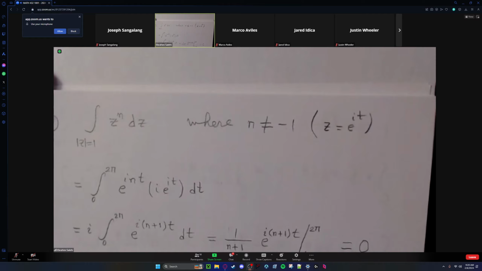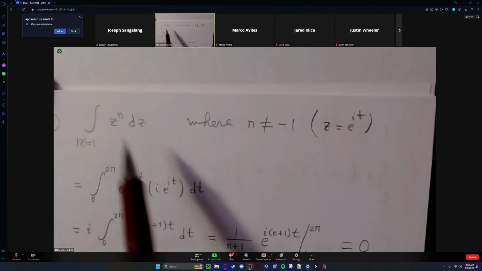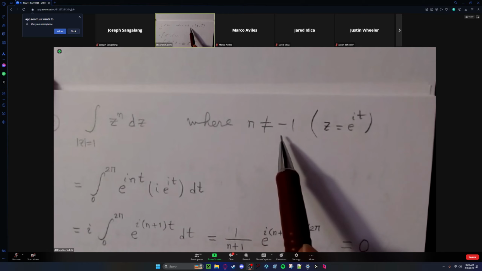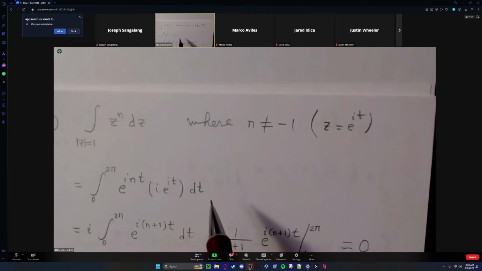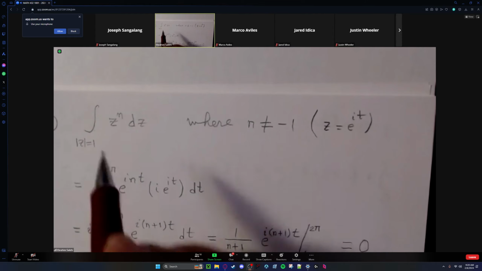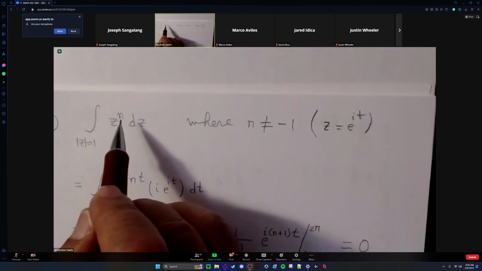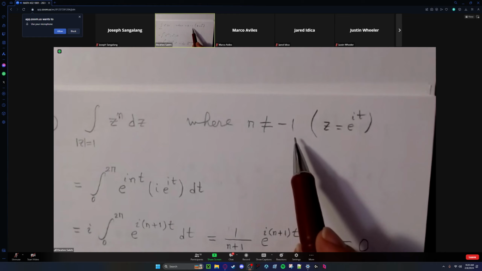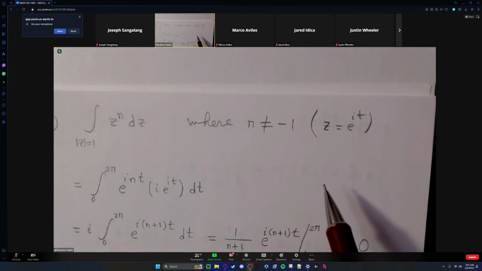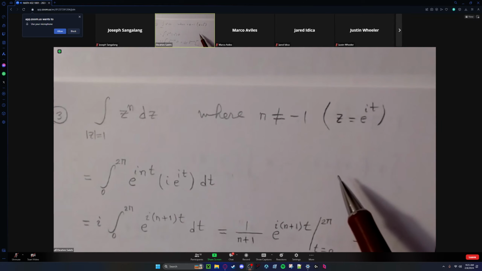But I know that it is not dz over z, so n is not -1. Other than -1, anything can be, even any negative integer you can have here other than -1.